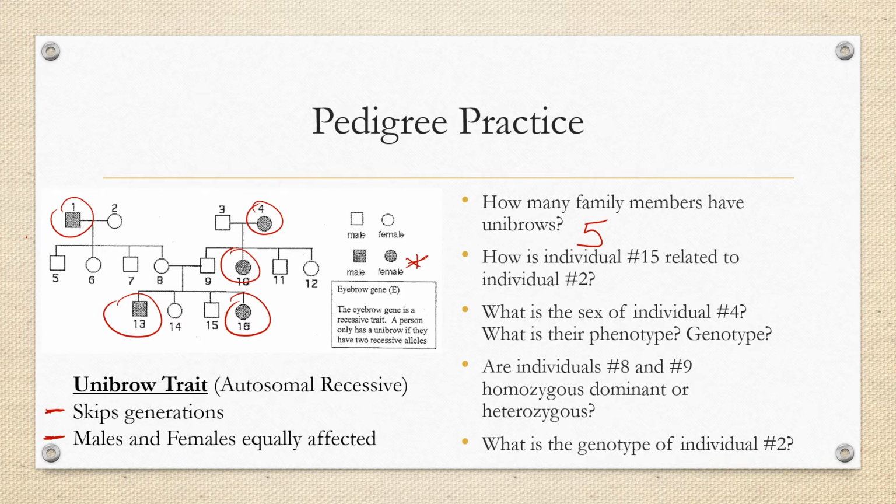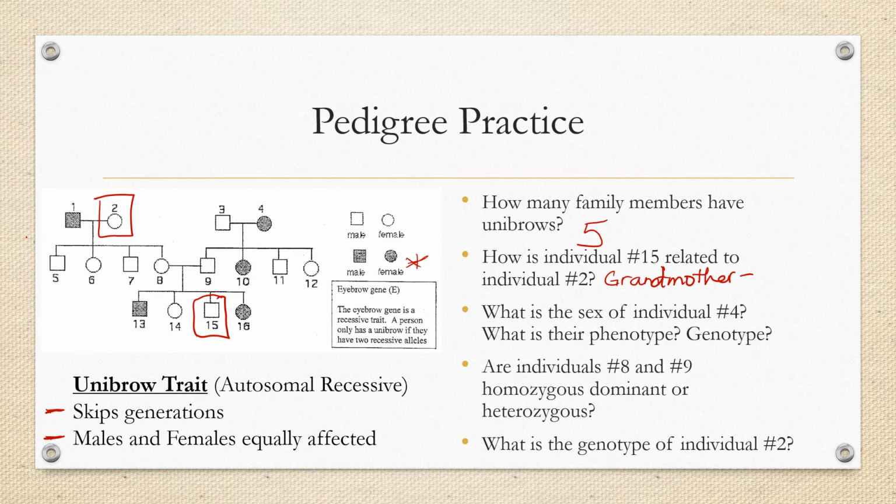Now, how is individual number 15 related to individual number 2? So here's individual number 15, and here's individual number 2. This is going to be grandmother and grandson. Number 15 is the grandson to number 2 because he's a square, and squares represent males and circles represent females.